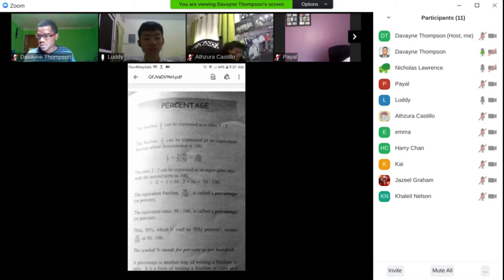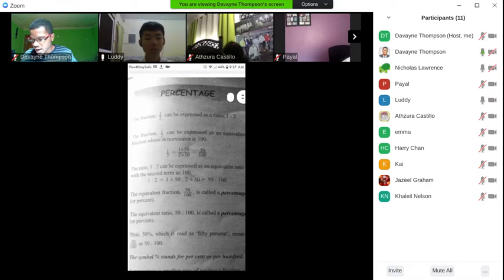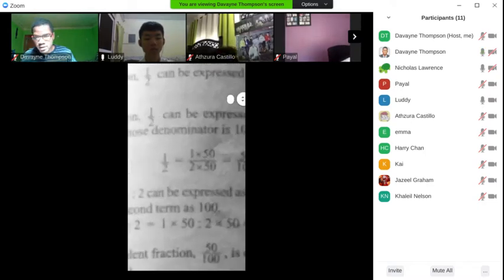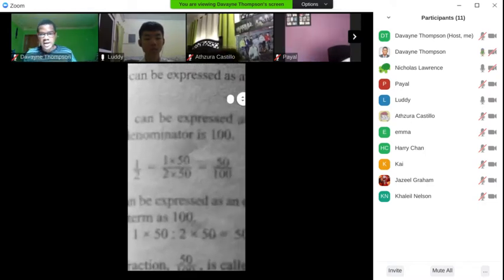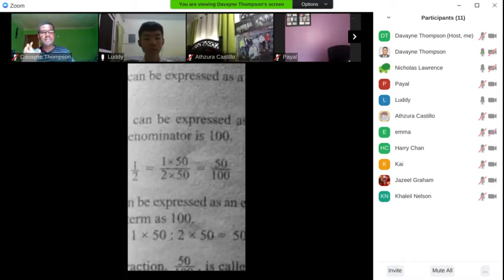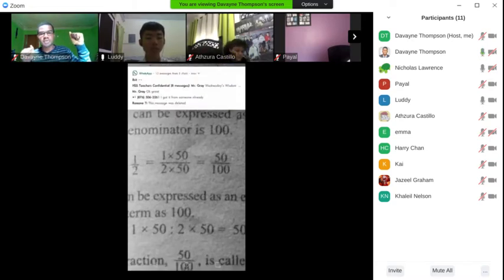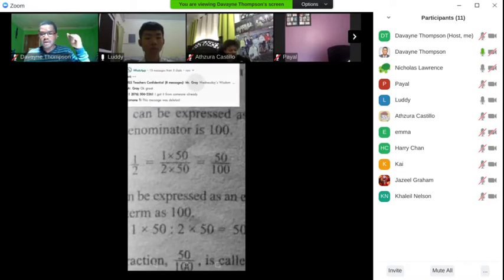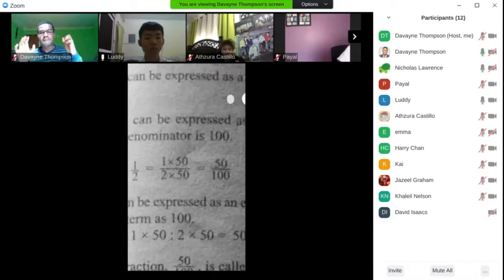Let's explain that. So if you look for me, where it says a half multiplied by a 50, all right, there we go. If it says equivalent fraction, that basically means that you can represent that fraction as another fraction that will be in the same value, right? 50 divided by 100.